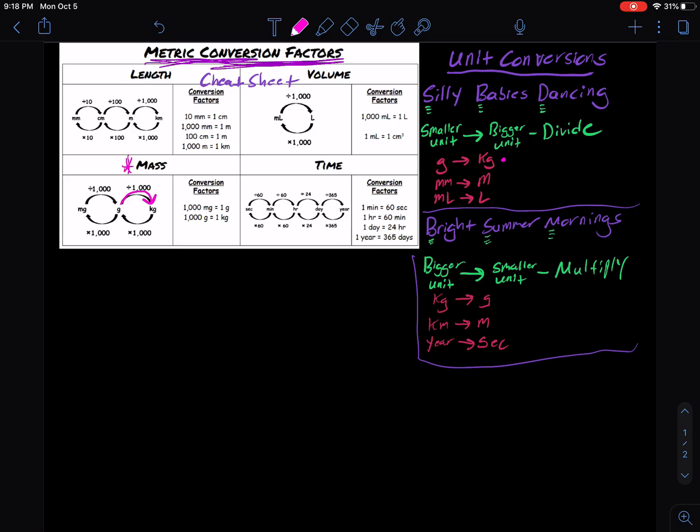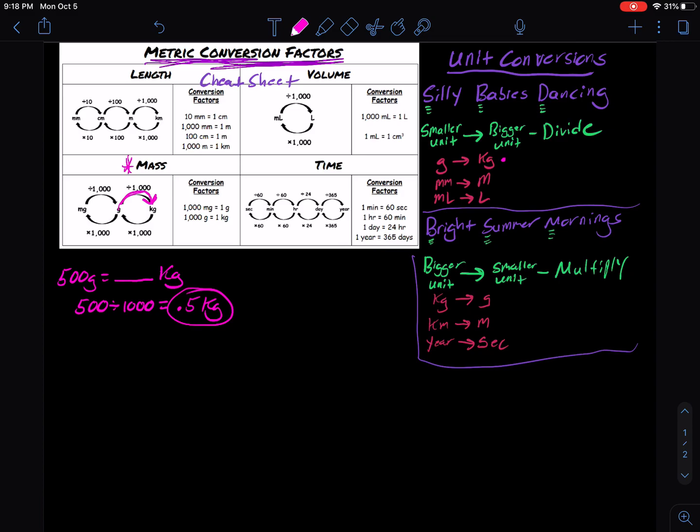For example, let's say we have 500 grams, and I want to know how many kilograms it is. If you just follow the arrows, and that's all you have to do with a lot of them, you would simply take 500 divided by 1,000, which equals 0.5 kilograms. So there's your answer, which is perfectly fine.